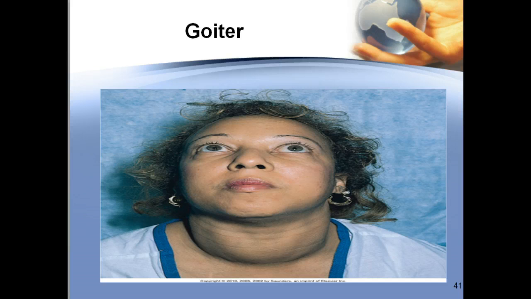They have blurred or double vision, eye fatigue, corneal ulcers, increased tears, and photophobia. They have tremors, insomnia, and an increased metabolic rate. Remember, I was telling you guys that the thyroid is primarily responsible for metabolism.